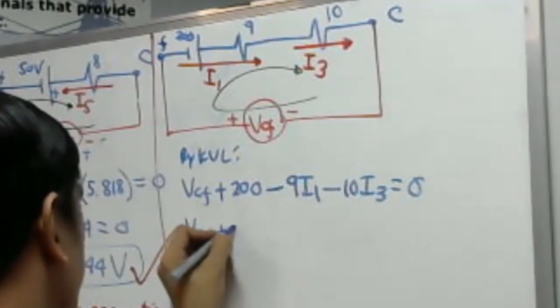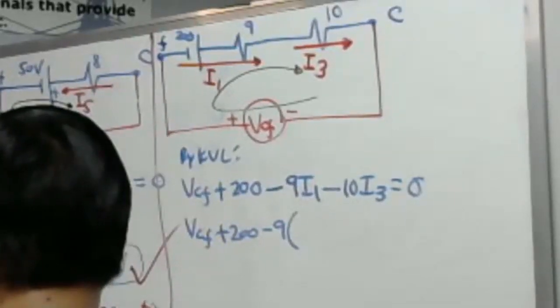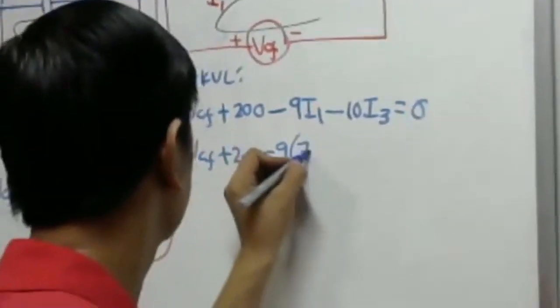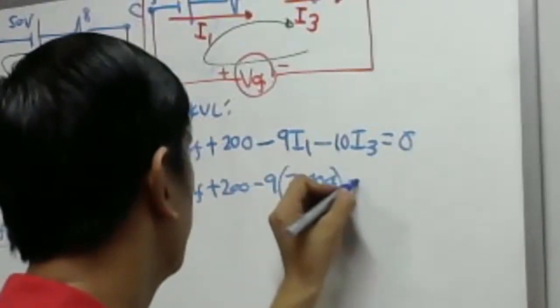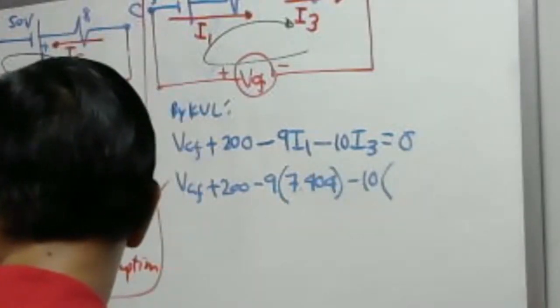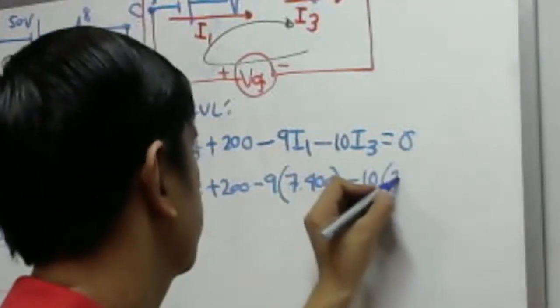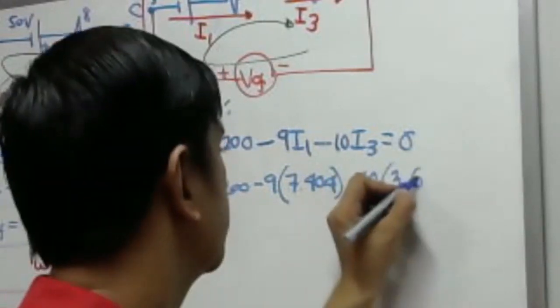BCF plus 200 minus 9 times I sub 1, which is 7.404, minus 10 times I sub 3, which is 3.681.